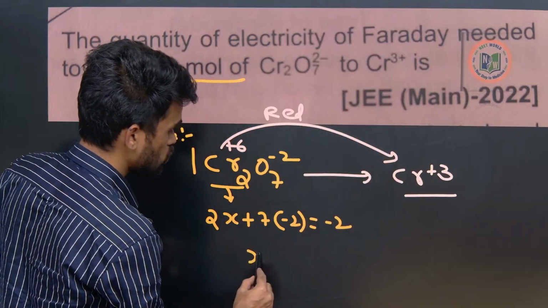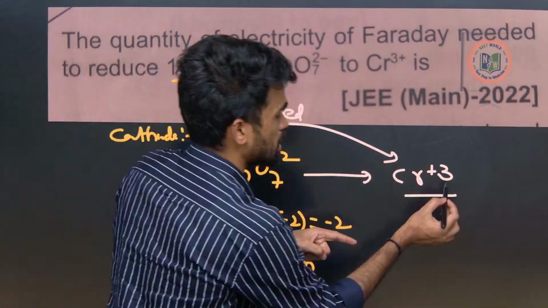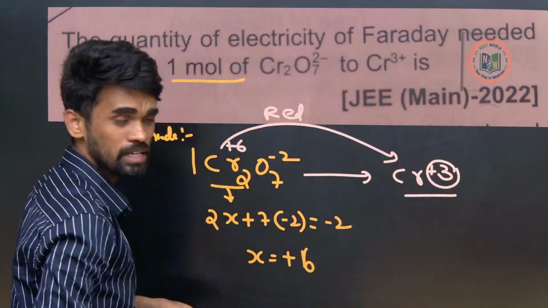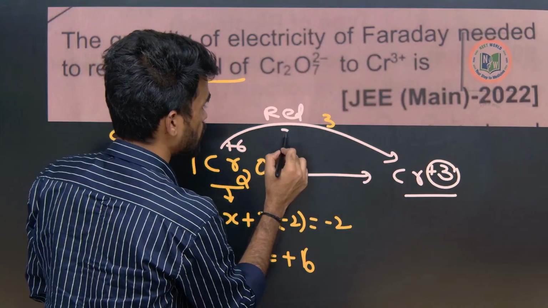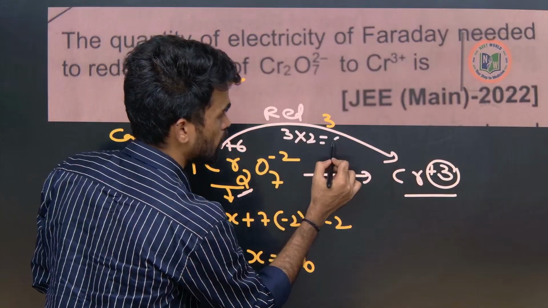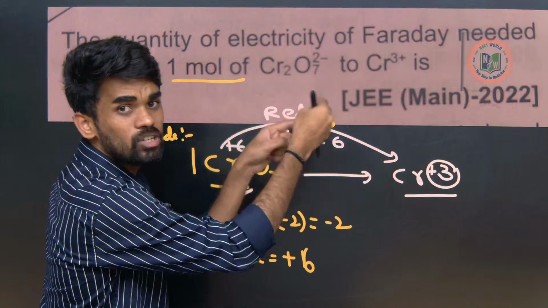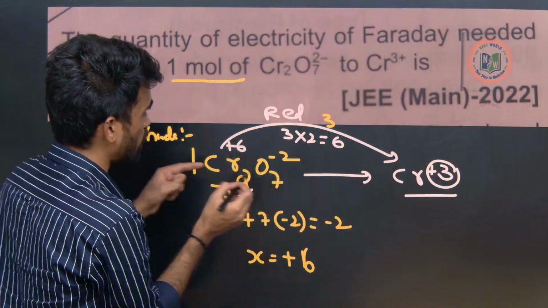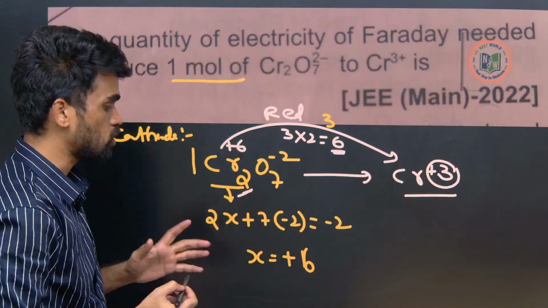Take it like this, so your x value will be +6. So +6 is converting into +3, right? So electrons gained is 3 for each chromium. We have 2 chromium atoms, so 3 into 2 gives 6. So total electrons gained in this process for 1 mole of dichromate is how many? 6, right? So 6 electrons are required.